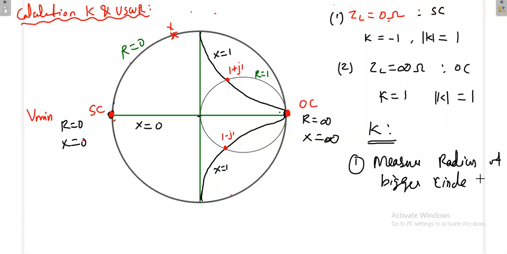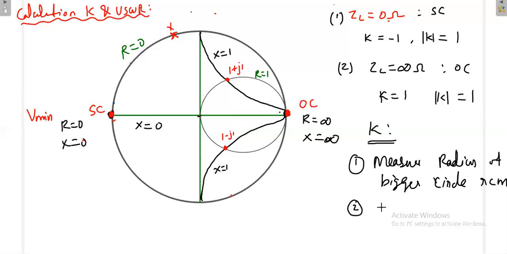Actually, we have taken it as r equal to 1, but in reality, in the graph, it may be some centimeters. Say, for example, the radius of the bigger circle is r centimeters. Now we are taking it as r equal to 1, that means normalized, but in reality you will have some centimeters.